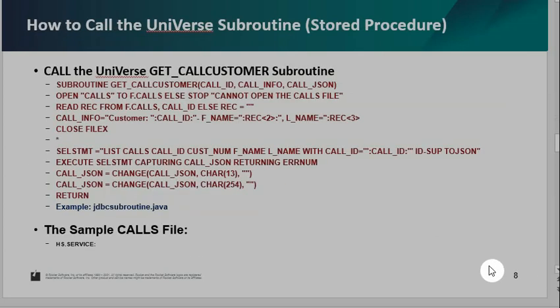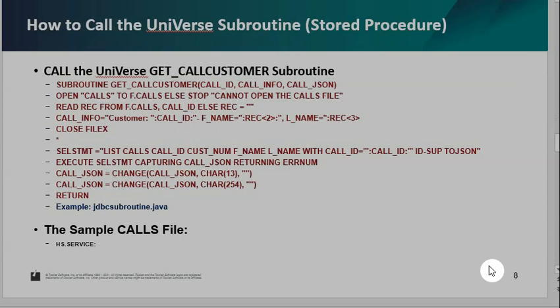Another very useful function: you can call a subroutine to get the result set back, or you get a parameter back. Other databases may call it a procedure or stored procedure, but on UniVerse it's the same thing, we call it a subroutine. So inside the demo, I created a subroutine called get customer.